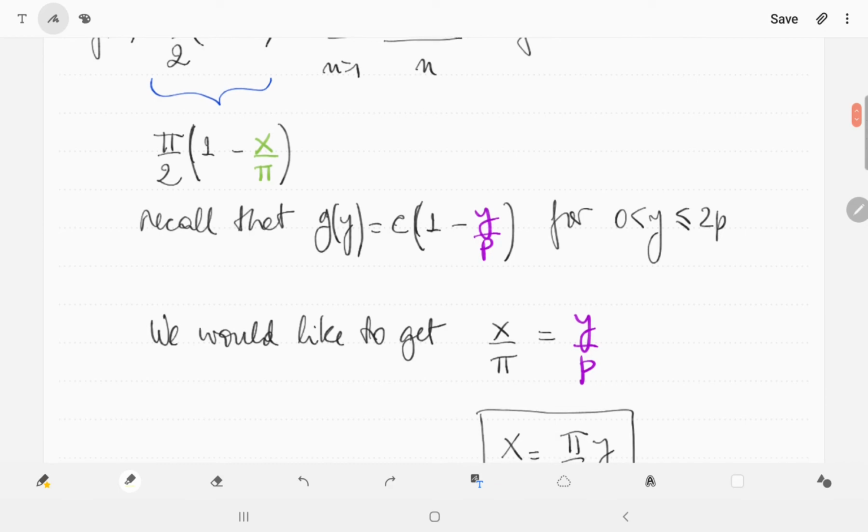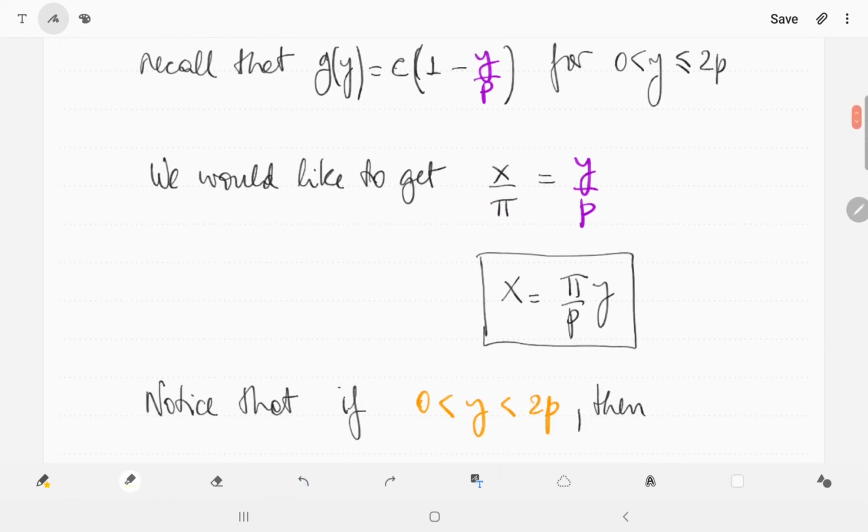And then looking at these two guys, it would be nice if we get this x over pi equal to y over p. So we will have almost the expression of g there. So that is what we are going to do. We kind of force this identity. Then x should be this guy, pi over p times y.